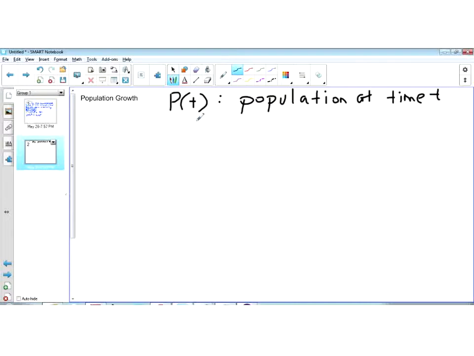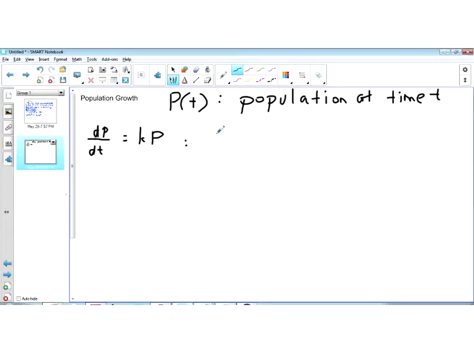Now with population growth, we have the differential equation as such. The change in population with respect to time, how does a population change with time? In terms of exponential growth, it's written as a constant times the current population.